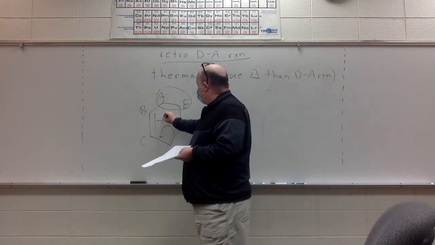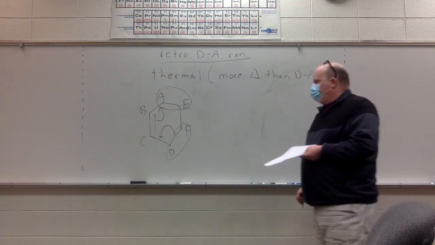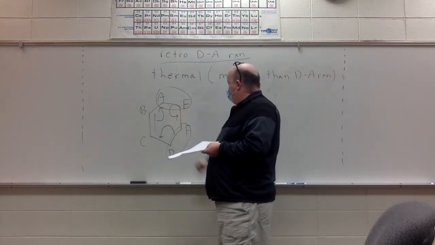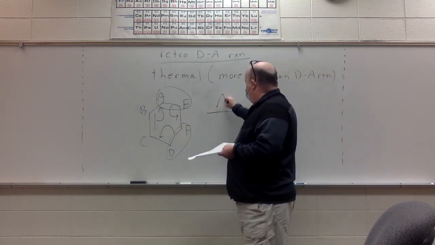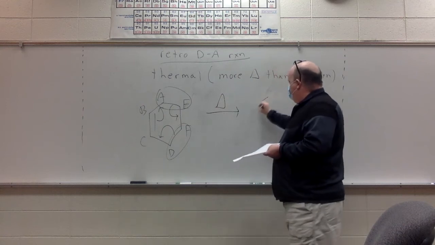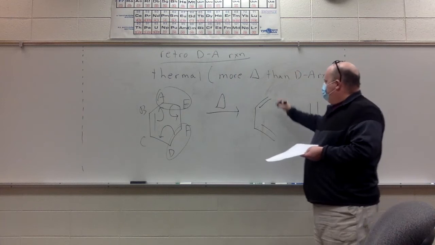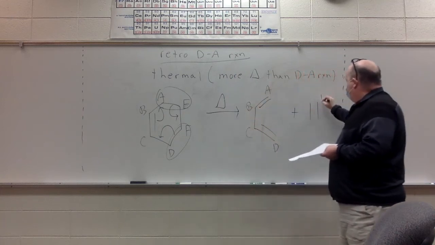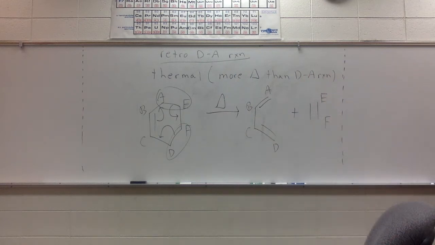This pair of pi electrons will form a double bond between A and B. And now this bond between A and E will break, and those electrons will form a pi bond between E and F. And you have retro-Diels-Alder products.